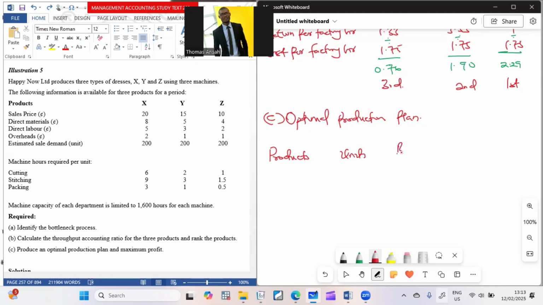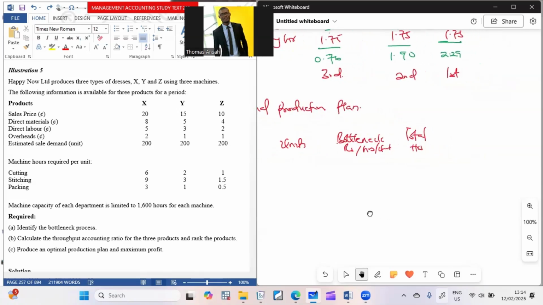Then we did bottleneck resources. So per hours, per unit. Then we did the total hours. Okay. What did we do again?